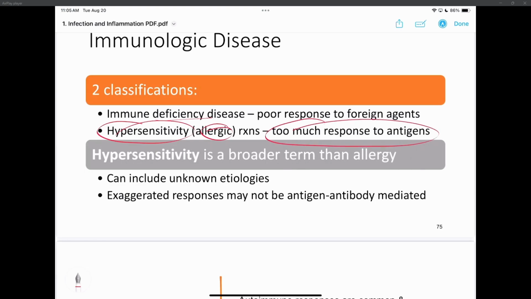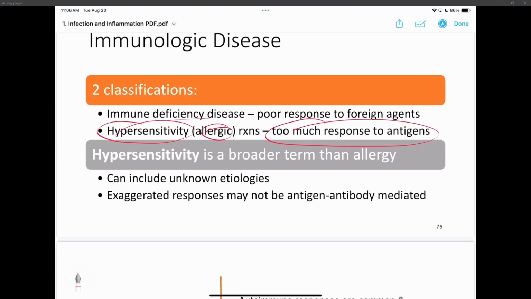So these are opposite things. Immune deficiency, we can't respond to a pathogen. That's why people with HIV/AIDS die from like pneumonia, something simple, because they don't have any defenses anymore to handle those types of infections. So we'll get to AIDS tomorrow, HIV.